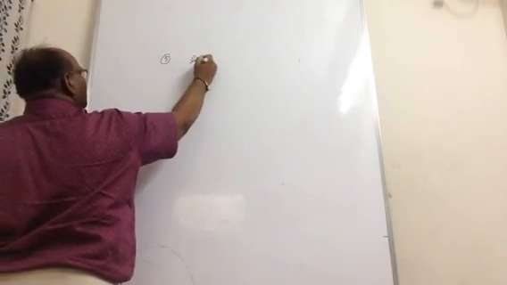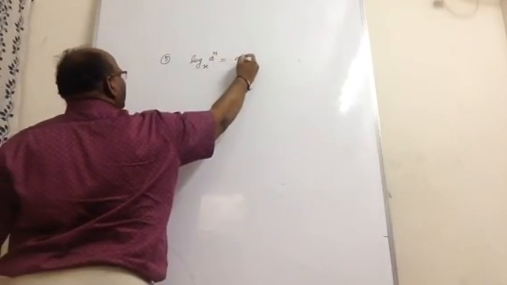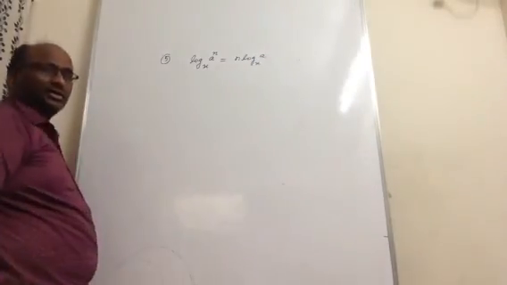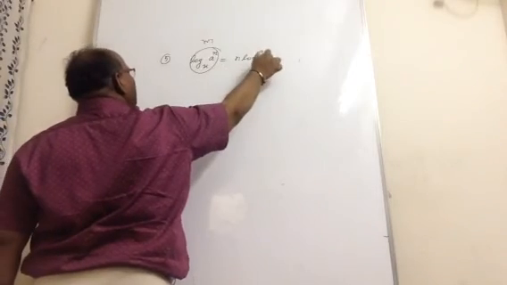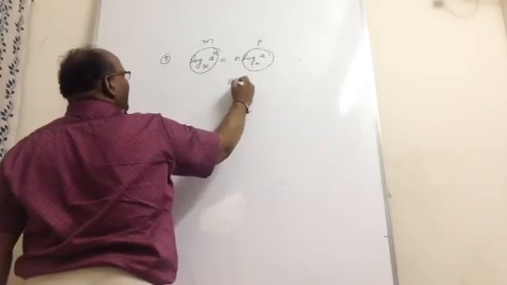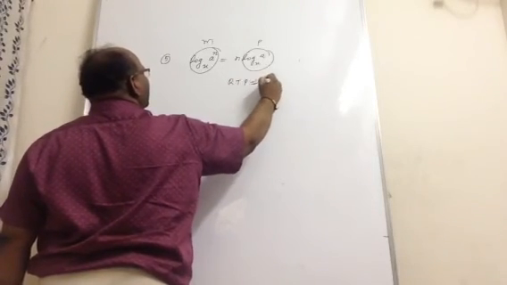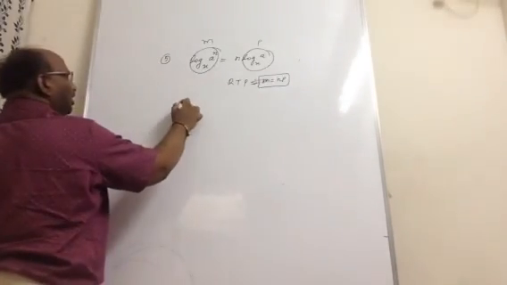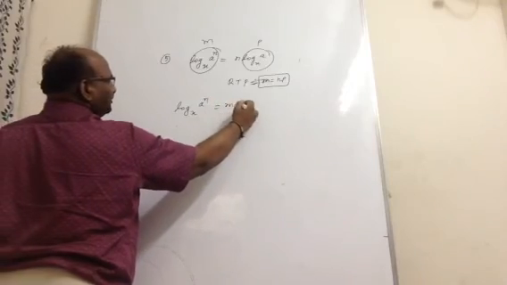Log a power n to the base x is n log a to the base x. Assume the whole left side as m and log a to the base x as p. That means what is required to prove is m equals np. Log a power n to the base x, assume it as m.